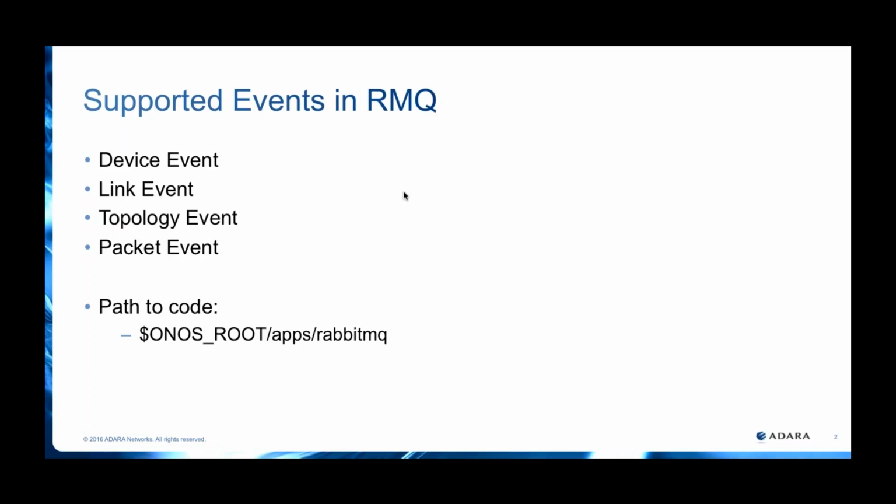So these packet messages along with the raw buffer are passed on to the listeners. So if they want to write any control plane applications, or if they want any deep packet inspection or whatever application they want to write, they can do it sitting outside the ONOS process space.